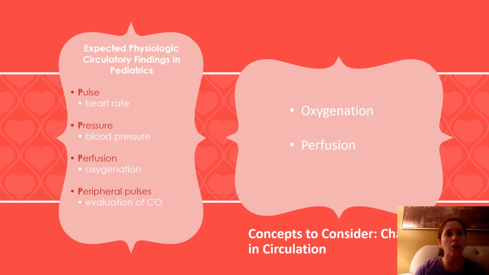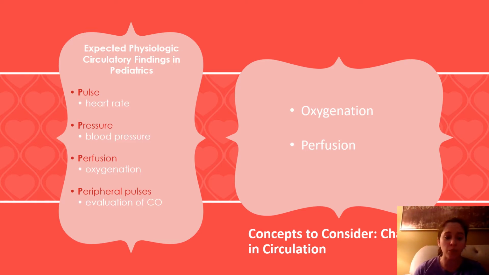Versus an adult, the heart has to work harder to push blood all the way through a larger surface area, and the return of blood back to the heart is slower. So that's why we typically see a higher heart rate in our pediatric patients, and that's why over time it starts to get lower as we get bigger.